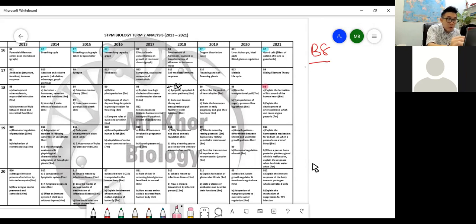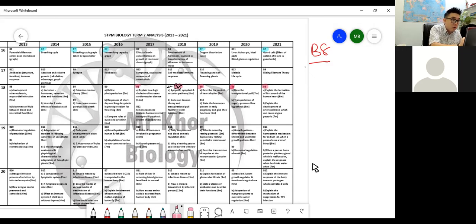2021. Then as for 2020, they asked transpirational pull, pressure flow hypothesis, control of heart rhythm. Then as for this one here, the 3 ways of how water moves, cohesion-tension theory, transpirational pull.